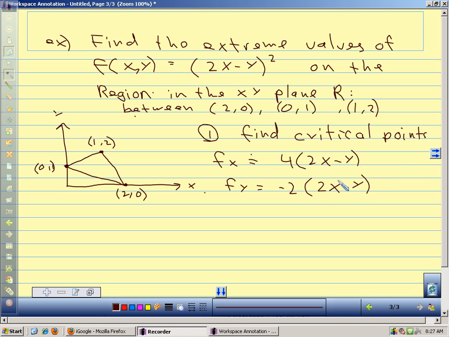And our critical points are where those equal 0. So f sub x equals f sub y equals 0. If I solve those simultaneously, I get y equals 2x. So inside the region, our critical points are on the line y equals 2x.